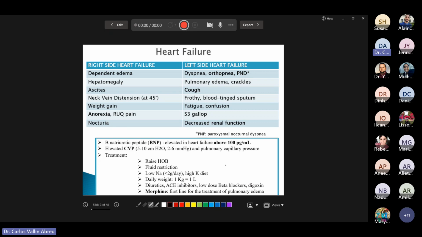Let me tell you something. This is a person that has right and left heart failure. This person is sitting during the day because he's sick. During the day, the legs are very swollen because he's having this combined global heart failure. At night, he goes to sleep, maybe with two pillows, and elevates the legs with a pillow because the legs are also swollen.